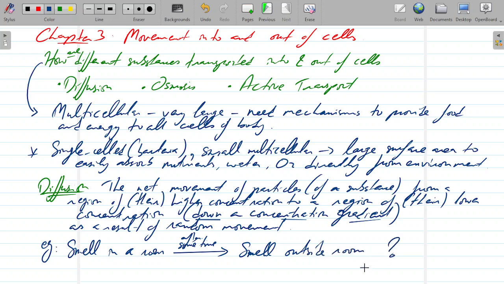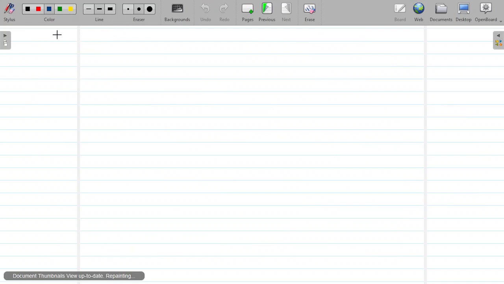The question is, how did that happen? Because of diffusion. It's because the particles of whatever that smell was of, let's say it was a perfume, have energy and they're moving. And also you've got particles of air, they also have energy and they're also moving. So not only are these particles moving, they're also crashing into the air particles.